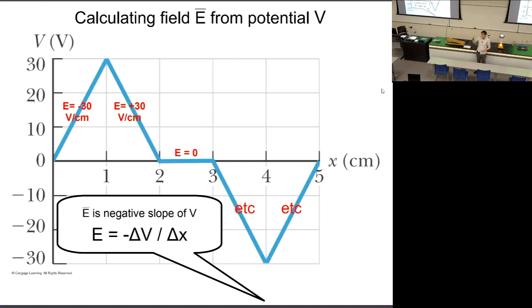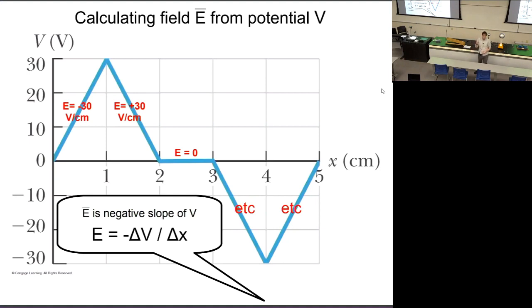Okay, so we've seen a region of electrical field towards the left, a region of electrical field towards the right. Let's walk. Why not walk 1 more centimeter across this beautiful landscape of electrical potential? Let's walk from 2 centimeters to 3 centimeters. The electrical potential here doesn't change. It's always 0 volts.